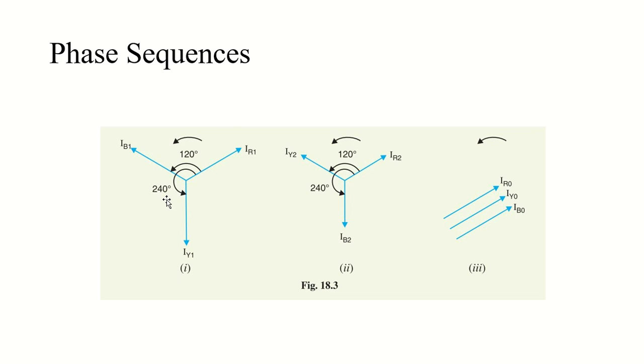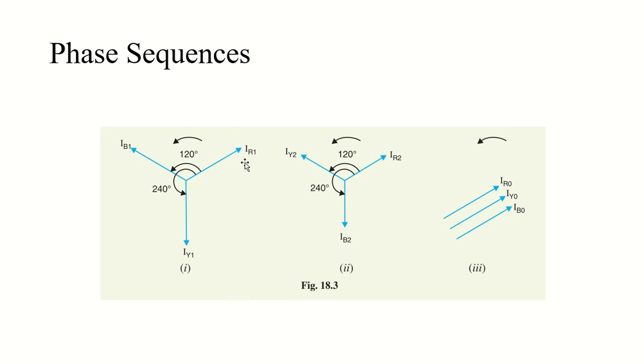So formally, you can say that in this phase sequence, the phase or line current or voltage, whatever you take, in this case we are taking current, will reach maximum in the same cyclic order as in the normal supply system. So we will assume the conventional clockwise rotation here.